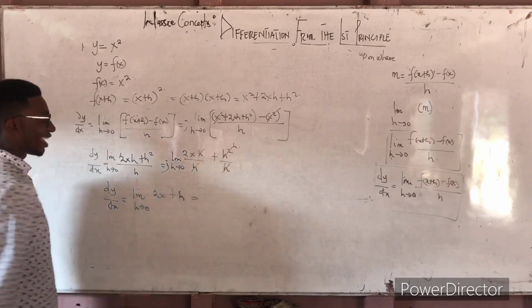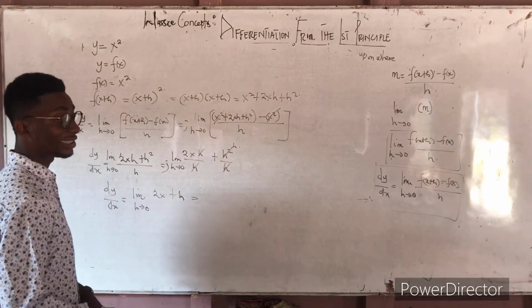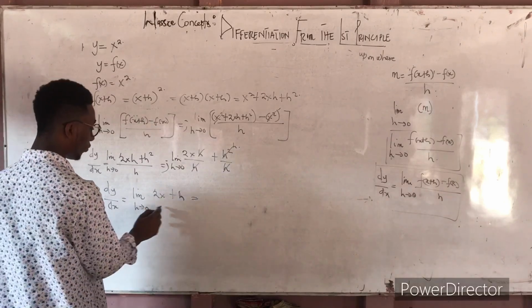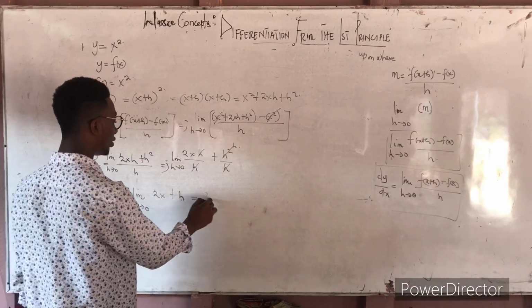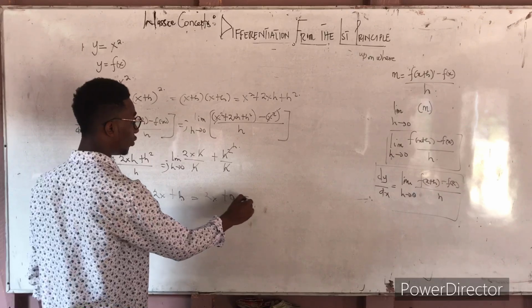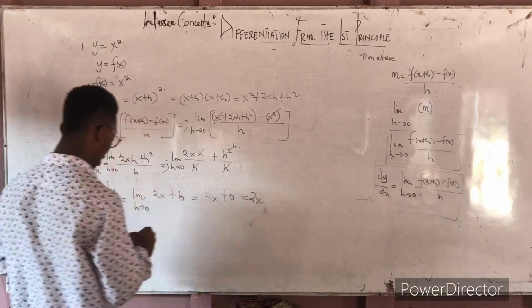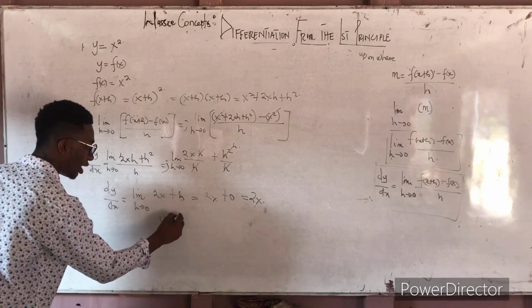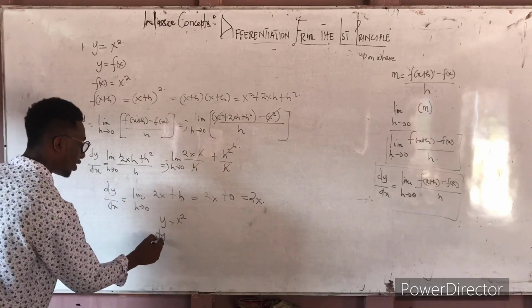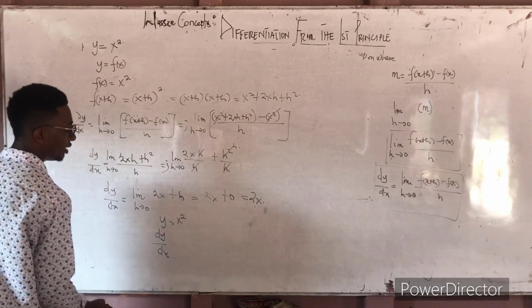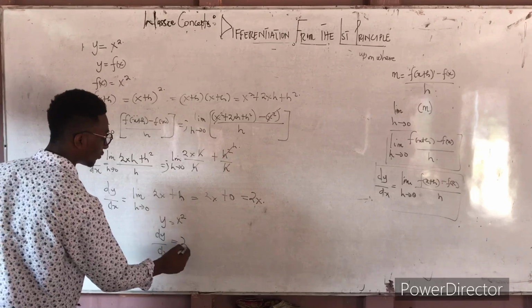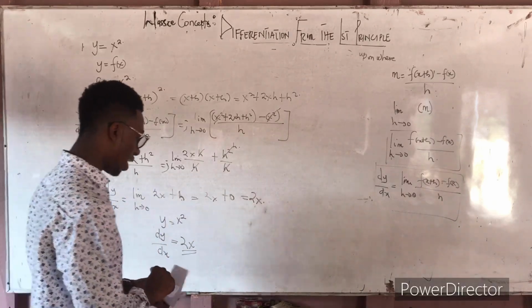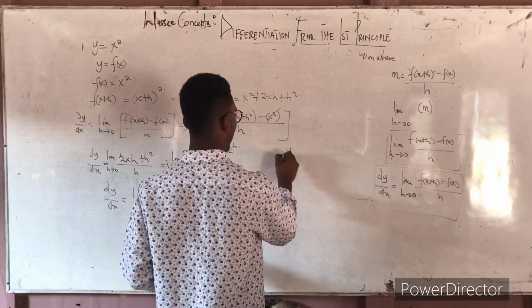So this is finding the limit of a simple function. And it becomes easy because h is approaching 0. So if you put h as 0, you get 2x plus 0, which will give what? 2x. So that means anytime you have a function y is equal to x squared and you have to find the derivative of the function, you will get 2x.